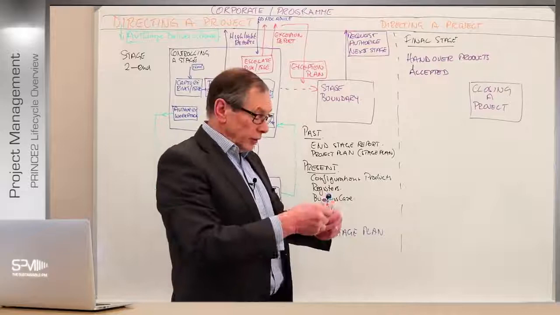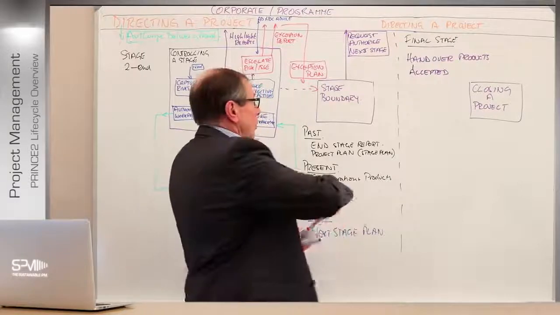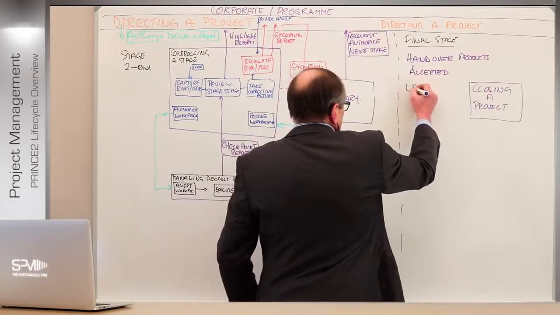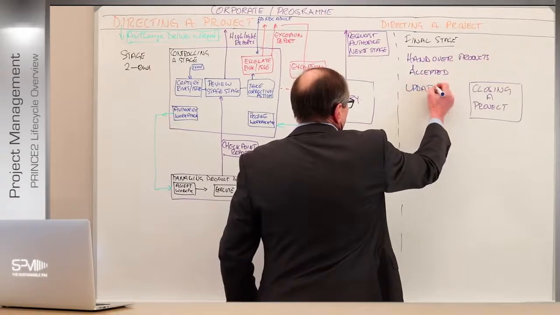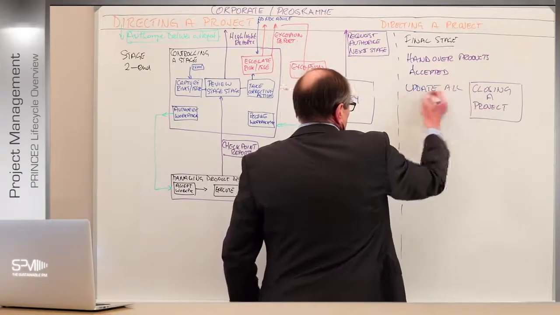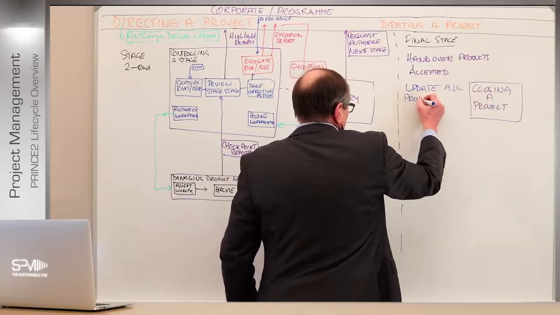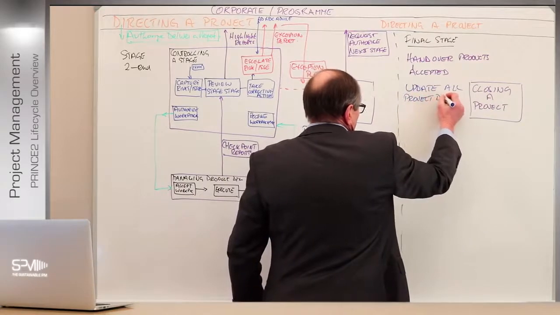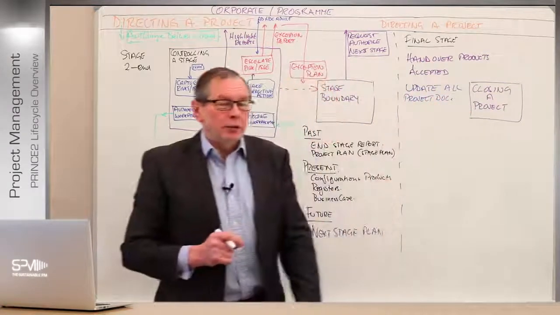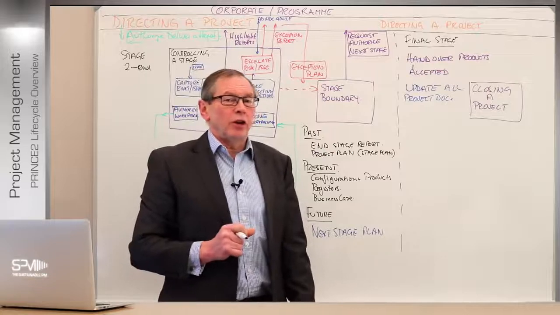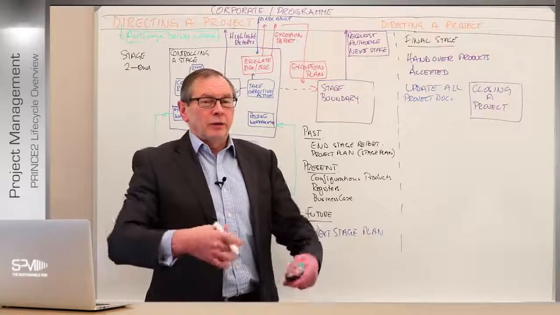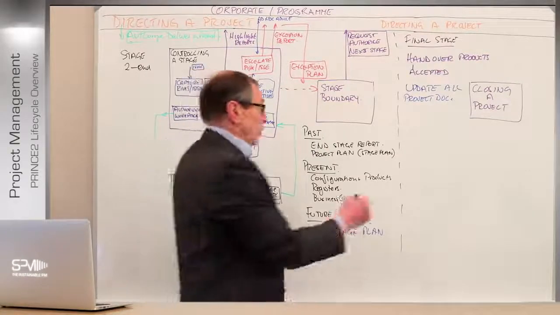Then we need to start updating all our documents. So at this point, we need to update all project documents. All those in the PID, the project initiation documentation primarily, right? That's the first thing we need to do, is update all the documents, which we know.